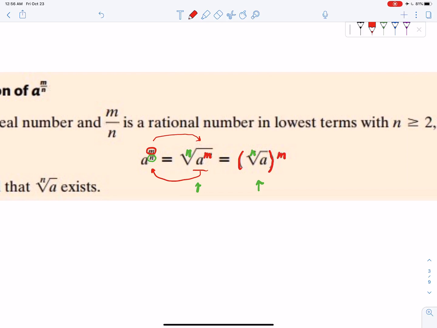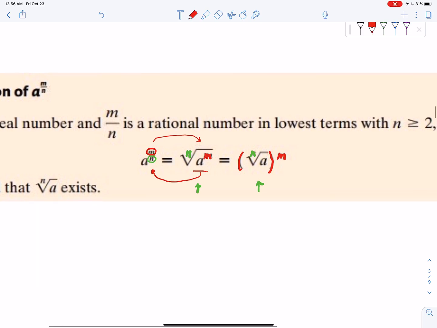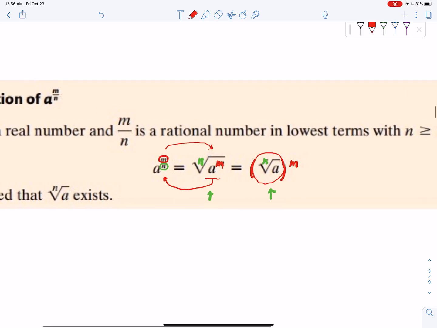And both of those, option 1 and 2, give us the same answer. Option 2 actually ends up being easier to deal with as long as the stuff in here simplifies easily. If that simplifies easily, it'd be easier to simplify it and then raise it to a power, because raising a to the mth power might make it more complicated and harder to simplify. Both would give you the same answer though. They both are equivalent.